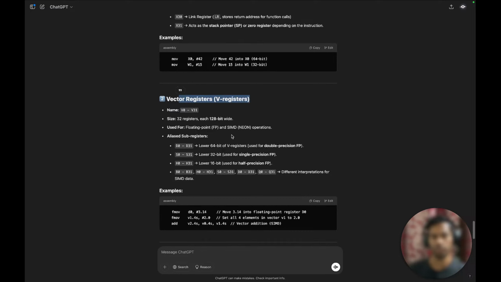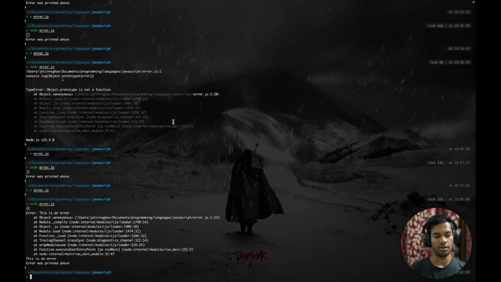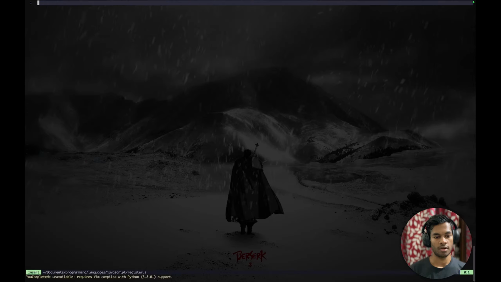Vector registers. Let's say I can see the value in the 31st register, what it is.